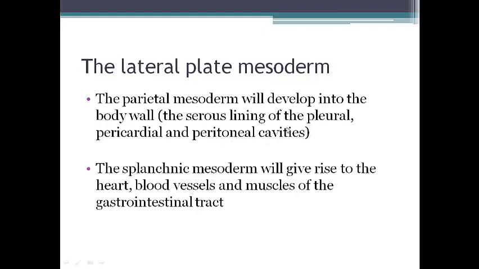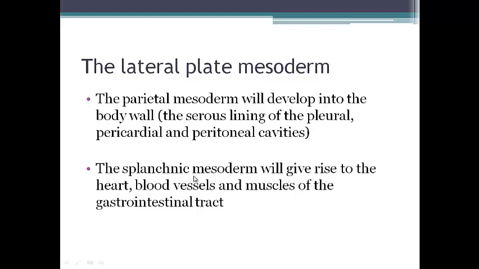Okay? So all of these organs, in addition to being contained within the cavity that was initially the intraembryonic coelom, they also need a specific protective lining which originates from the parietal mesoderm.